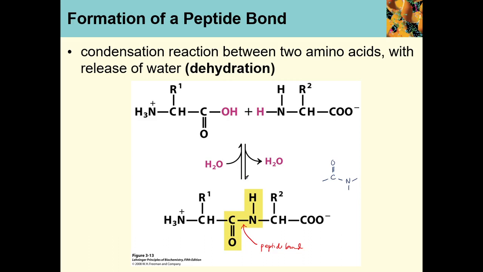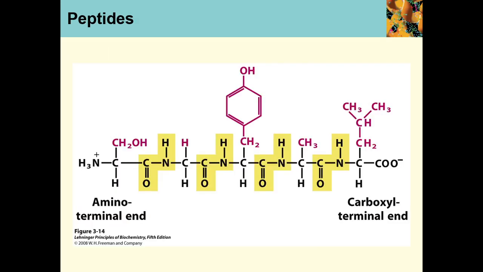Therefore, in the condensation reaction of amino acids, you are forming an amide bond, and all peptide bonds are amide bonds. That is the basics of how amino acids polymerize, or how they connect with each other.